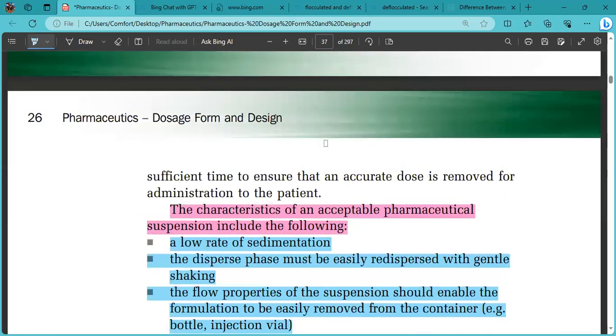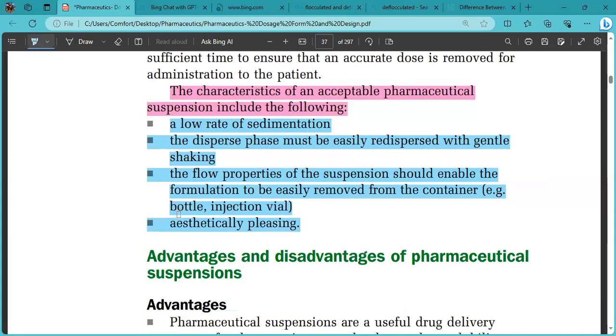So now the characteristics of an acceptable suspension. Ideally, it should have a low rate of sedimentation. It should be easily redispersed, even if you just shake a little. It should sediment slowly. It should have good rheological properties to enable the formulation to easily be removed from the container.